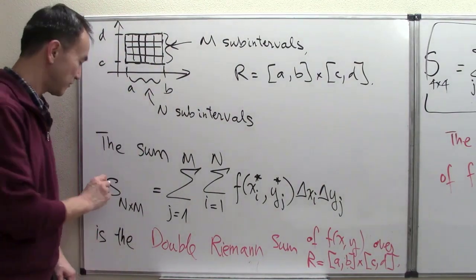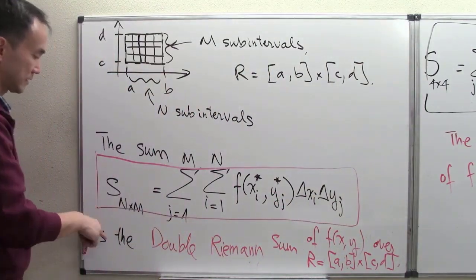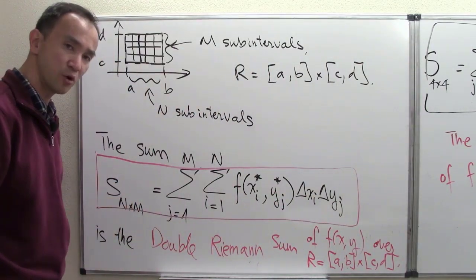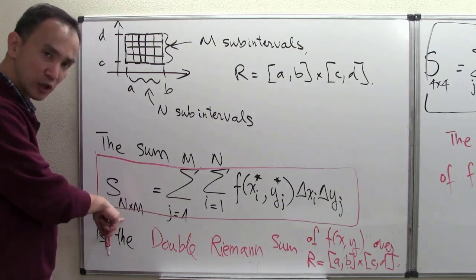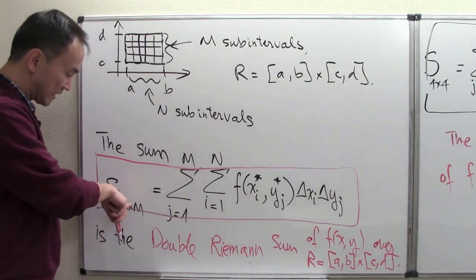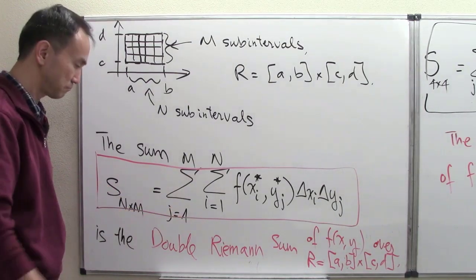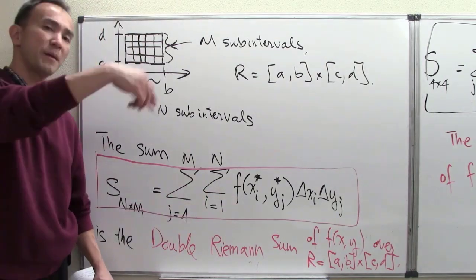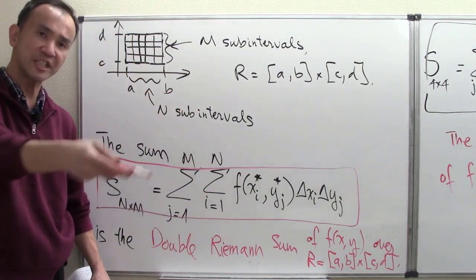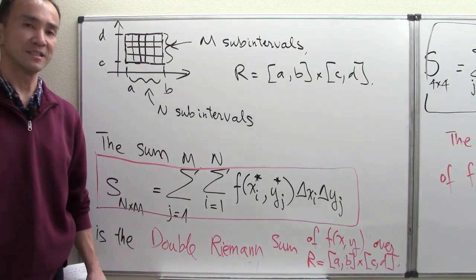So that's how we define the double Riemann sum. The n by m also means we're going to have n times m terms. If it's 4 by 4, then we have a total of 16 terms being added together. That's what's called a double Riemann sum.